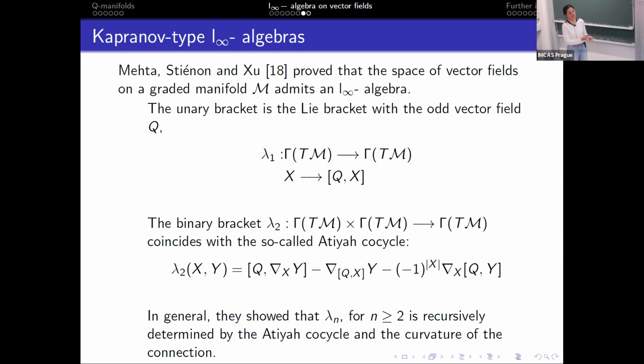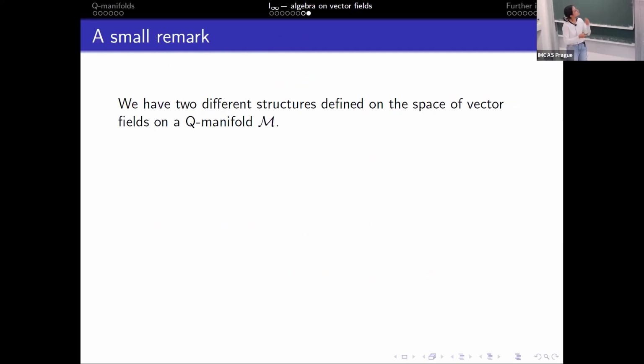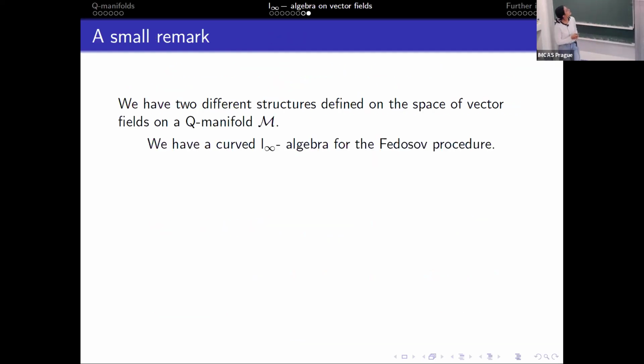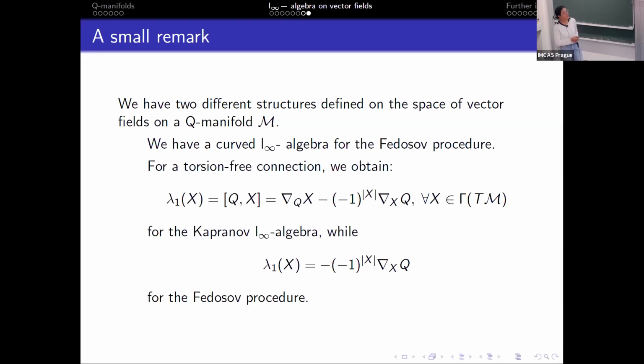So now I would like to summarize the differences between the two structures. First, in the Fedosov Lie construction, we have a curved L-infinity algebra. Secondly, if we start from a torsion-free connection, we can compare the first bracket for the Kapranov L-infinity algebra with the other procedure.